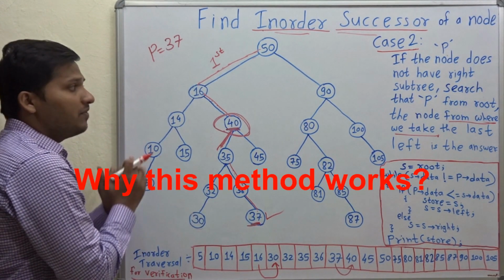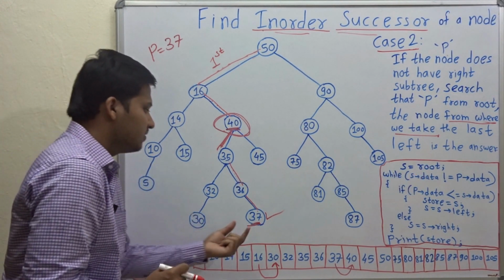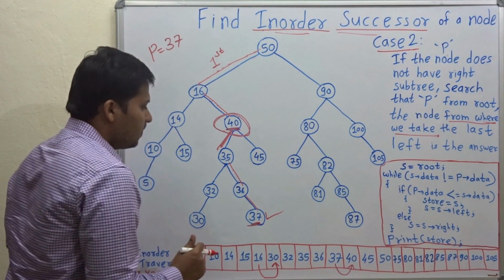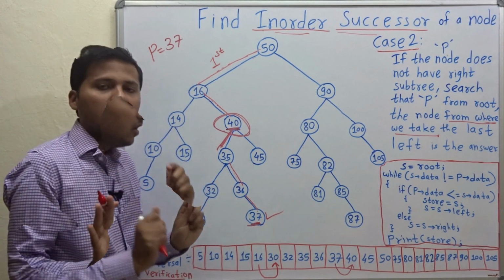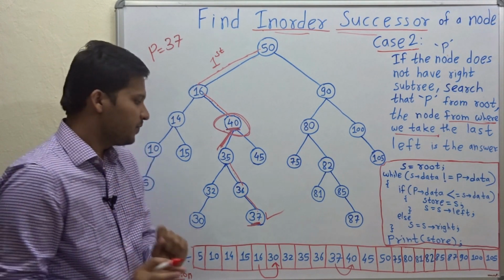So now I will tell you why this method works. See, as 37 does not have the right child, we cannot go to the right subtree, right? That means the in-order successor is some ancestor node.